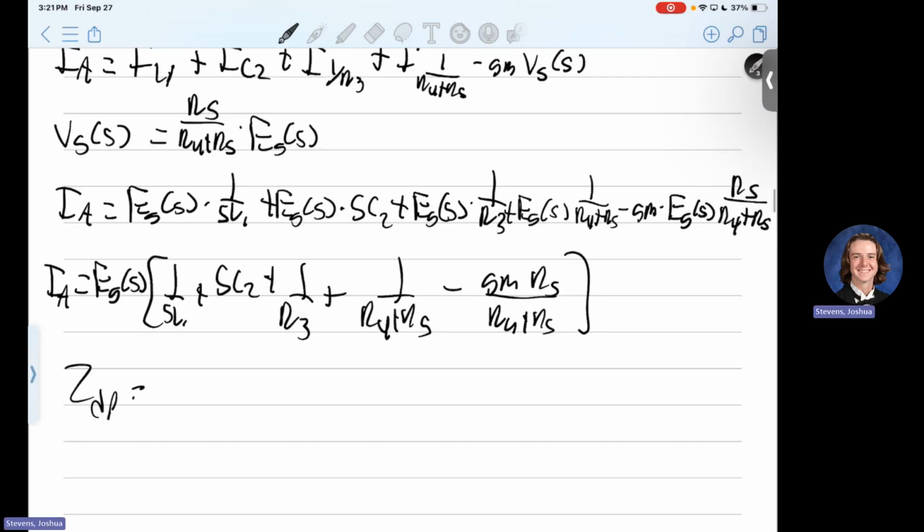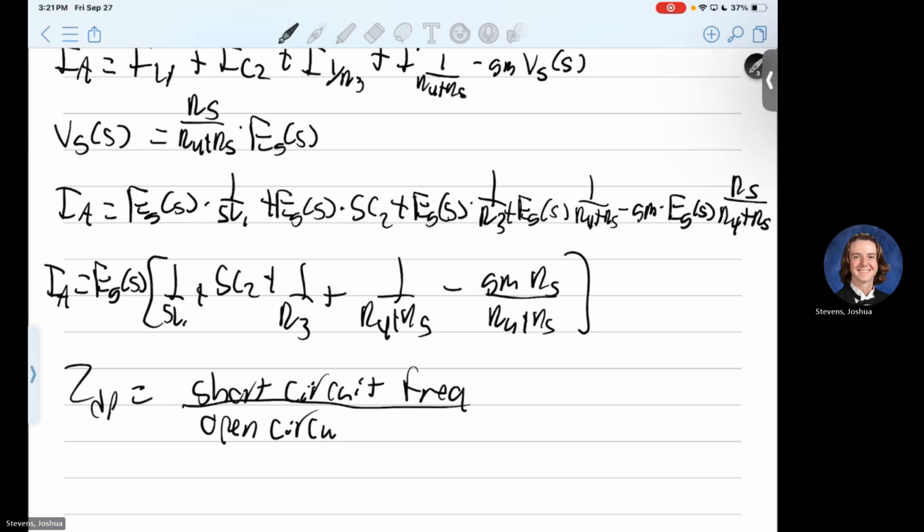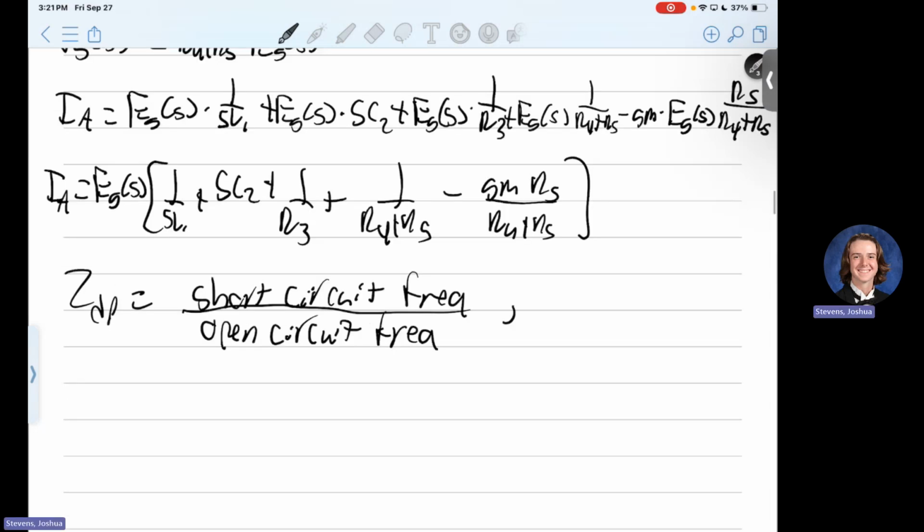Z equals short circuit frequencies. I got you. Give me one second. So for impedance, impedance equals, that's supposed to be DP, equals V over I, right?